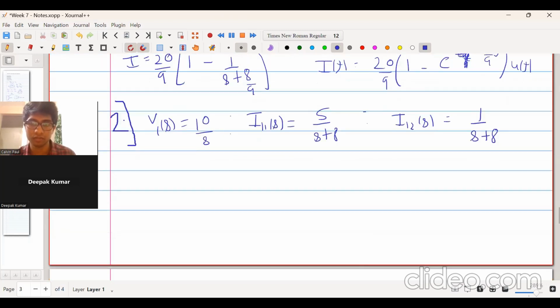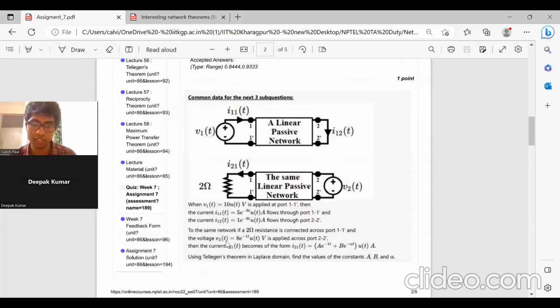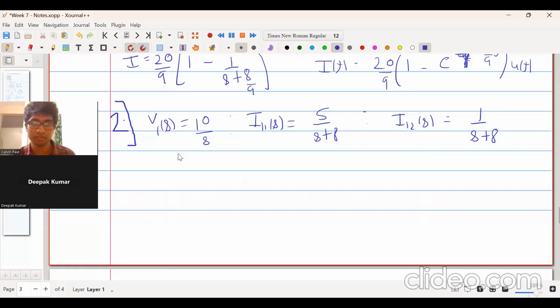Now we also know v2 of t is 8 into e to the minus t. So what is v2 of s? It is 8 upon s plus 1. So v2 of s is equal to 8 upon s plus 1.